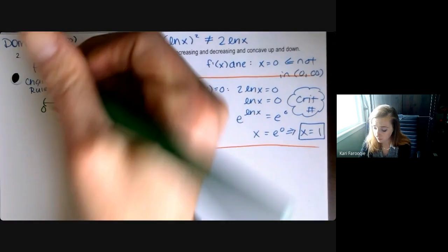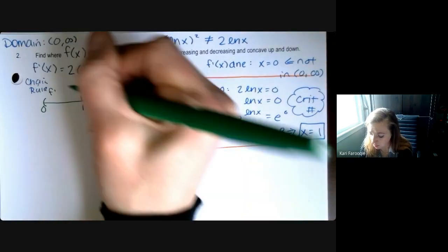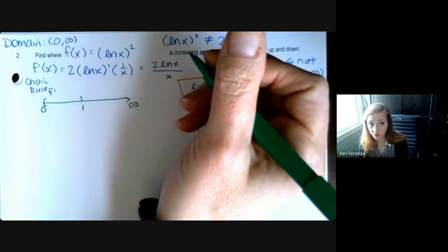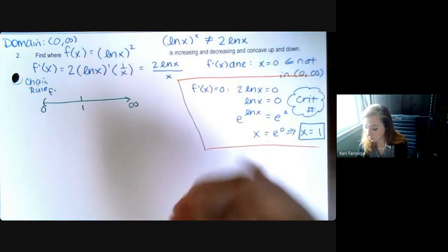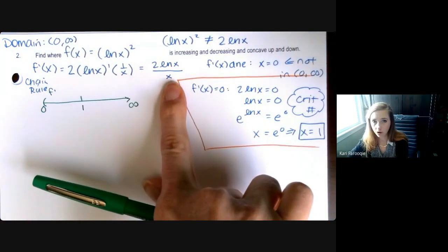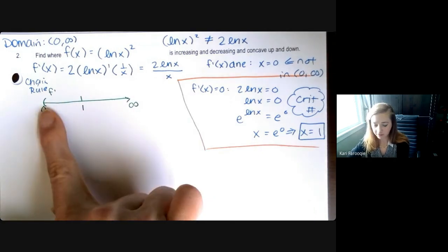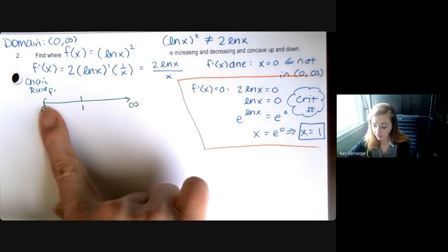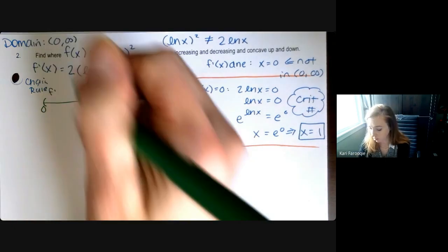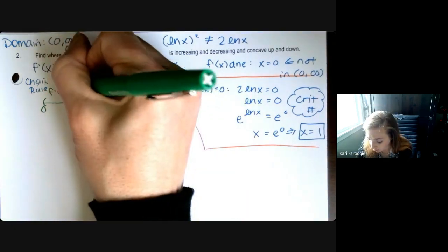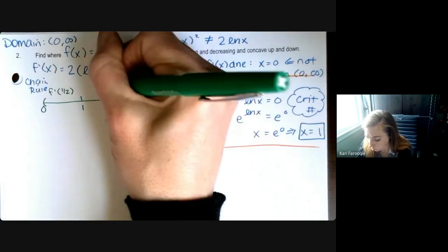So when you're testing the first derivative, don't pick 0. First of all, if you test the first derivative at 0, you're going to get a big error. But also, 0 is not in the domain. So you're going to have to test something like 1/2 or 1/3, something between 0 and 1. So I'll test 1/2 and then 2.